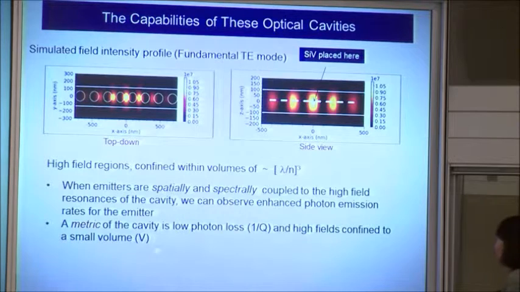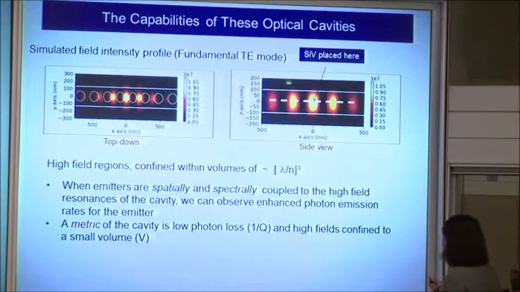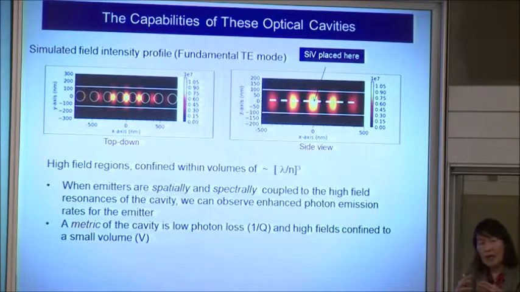So if I were to evaluate this cavity, I want a cavity that actually confines its photons. For me to lose photons from the cavity means that basically it's not very useful as an amplifier, because as soon as the photon goes into the cavity, I lose it.